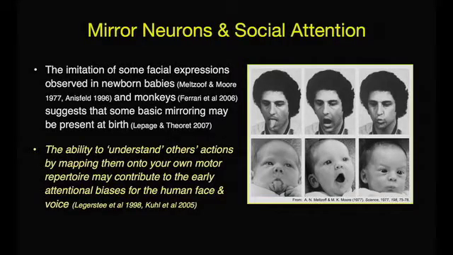And so the notion here is that perhaps the ability to understand other actions by being able to map a mouth open, a tongue protrusion onto your own motor repertoire may actually give rise to this preferential attention to other human beings.